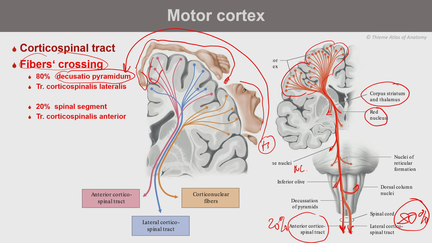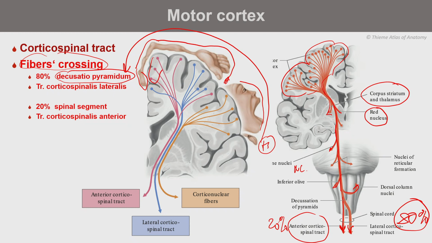So then we can say that we have 3 direct motor tracts. Those are corticonuclear tracts, which stimulate cranial nerve motor nuclei, typically those which move the eyeball.